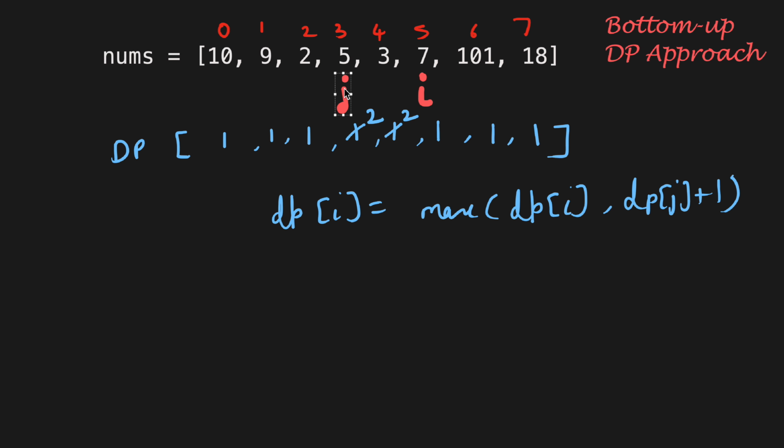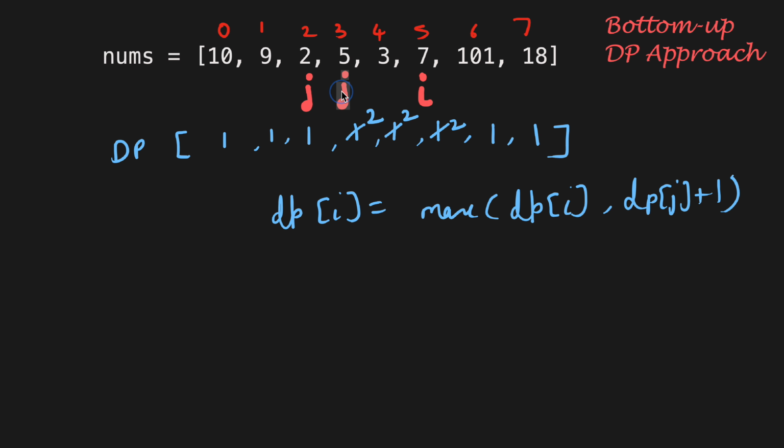And come to element 7 and compare all the elements before it. Now since again 10 and 9 are more than 7, we cannot form the increasing subsequence. So dp of 5 stays 1. Then we move j to index 2 where the element is 2, and since it is less than 7, we form the LIS of length 2.